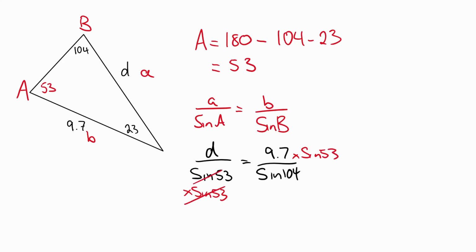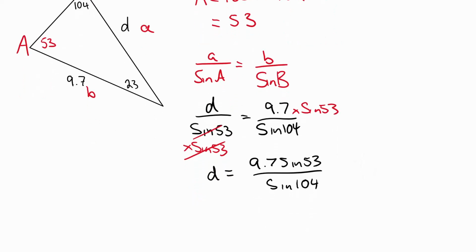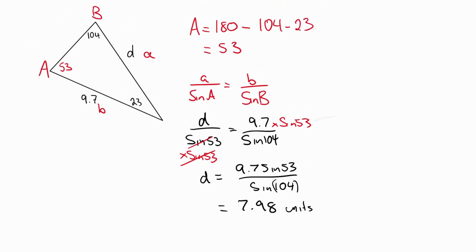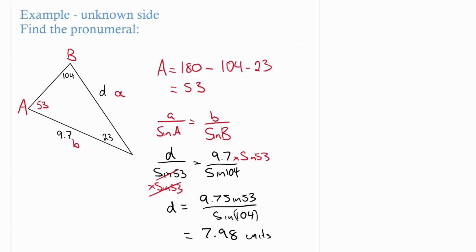That cancels out and we're left with d equals 9.7 sine 53 over sine 104. Now you put that in your calculator. Remember, if you have brackets, make sure there are brackets around both. That comes out as 7.98. We don't have any units, so we don't need to put them in here. You could just say units. That's how you use the sine rule to find an unknown side.